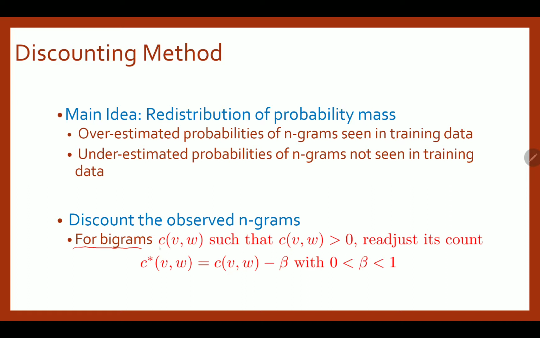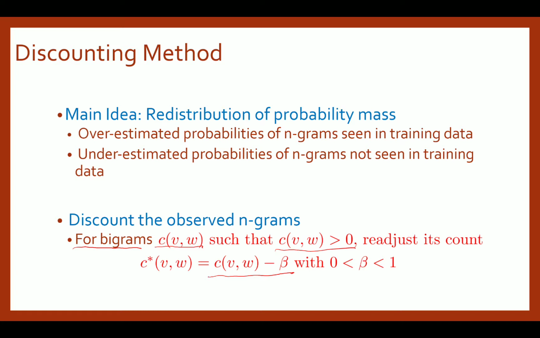If you have the bigram VW such that it has non-zero count, then we are going to readjust its count, and we take C star VW as its count minus beta, and this beta lies between 0 and 1. So that beta now becomes a parameter for this method. That's the first step we do.